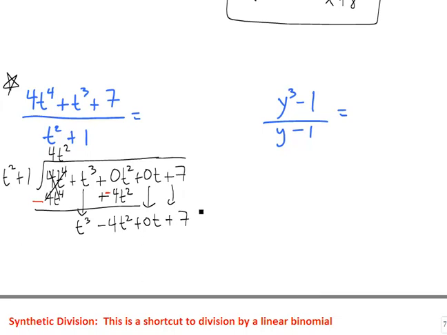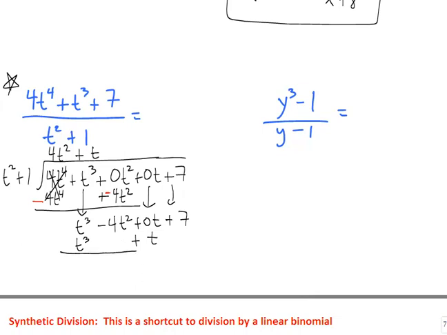And now we do this all over again. So t squared times what gives me t cubed? I need another t. So t times t squared is t cubed. Line up your like terms. T times 1 would be t, and I want to make sure that I line that up under the other t term. So again, we're leaving a little space where that t squared is supposed to go.